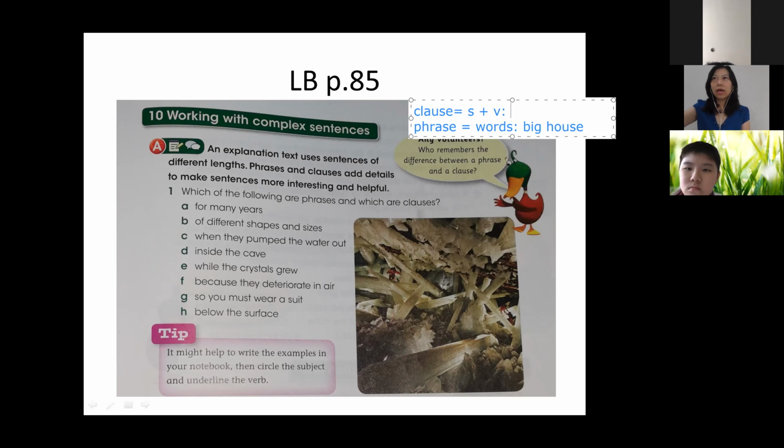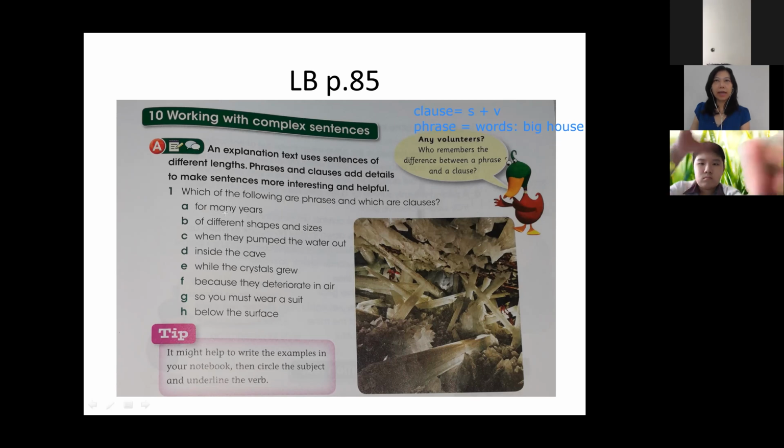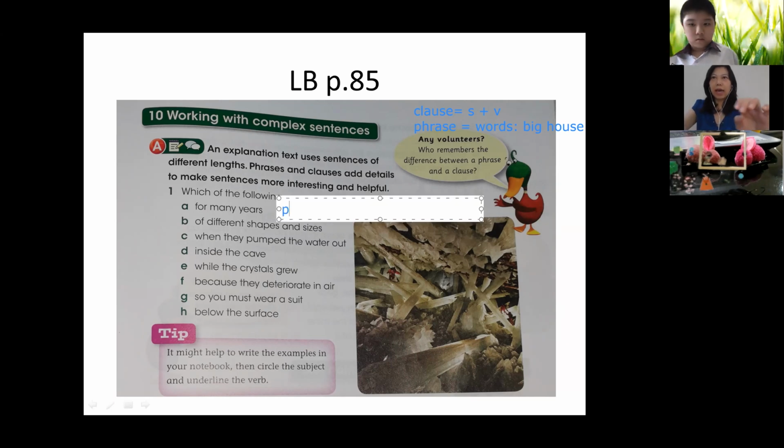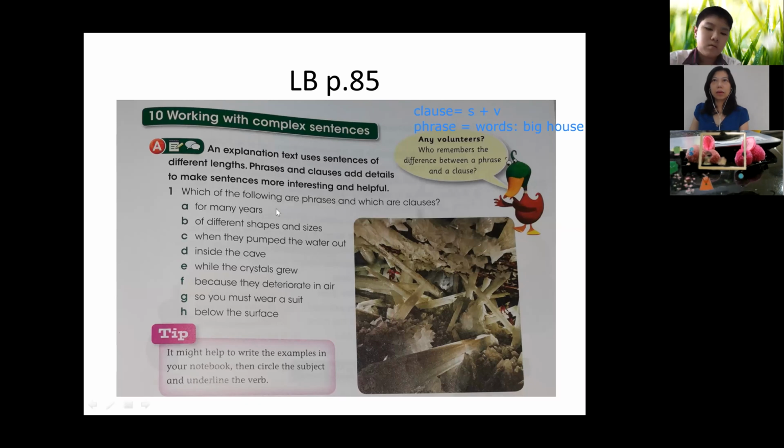All right? So now let's try to identify here. A. Is A a clause or a phrase? A phrase. Good job. So please, children, on your learner's book, just write P for phrase.